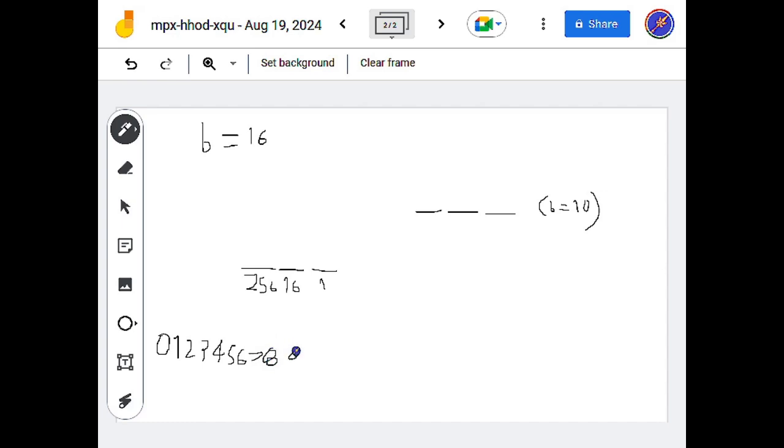But then what comes after that? We could use letters. A, B, C. D, E, and F. And no, I'm not doing them all uppercase because of my handwriting. They're meant to be all uppercase.